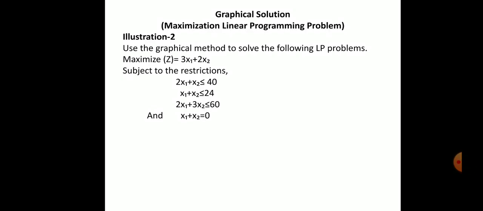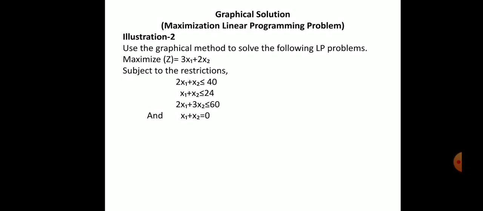For producing x1 and x2, the cost should be less than or equal to 40 only. It should not go more than that. That is the concept of the first constraint.